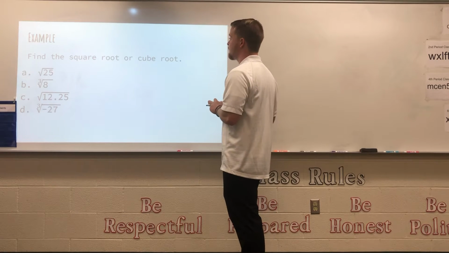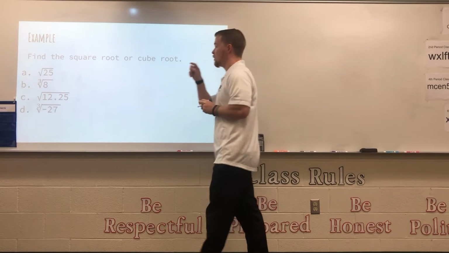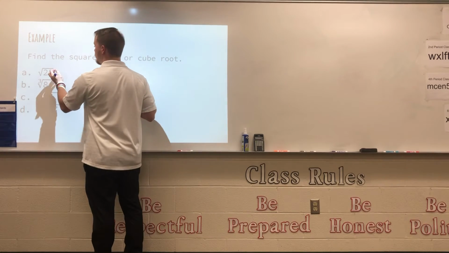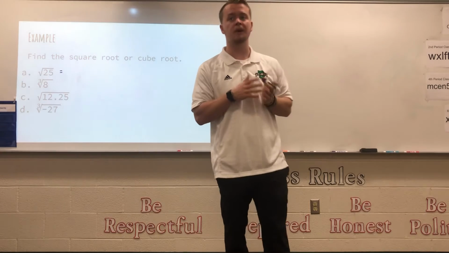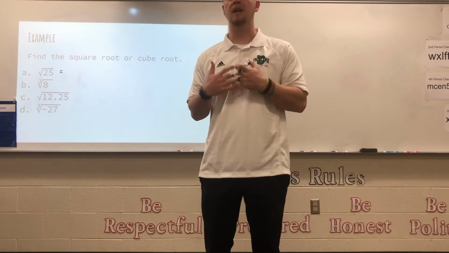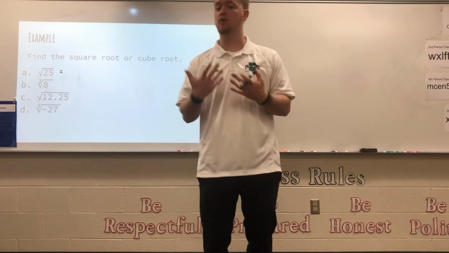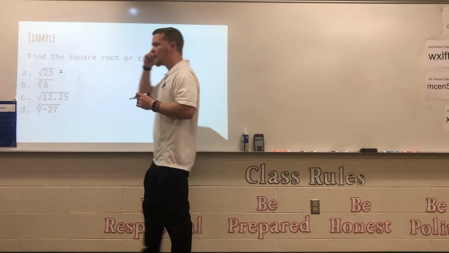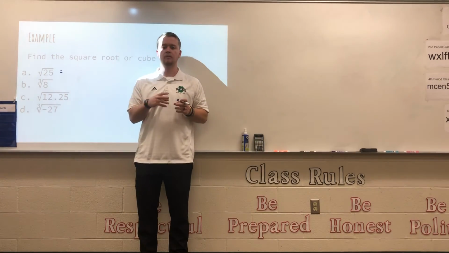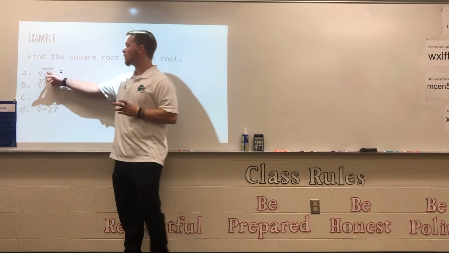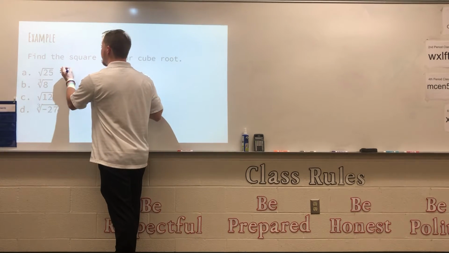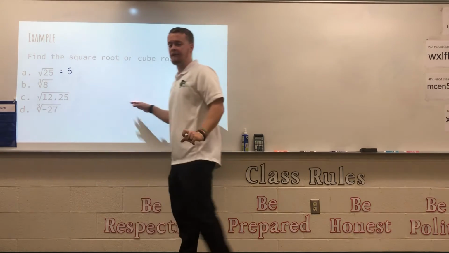But here it says find the square root or cube root. So if we're finding the square root of 25, we're basically saying what number multiplies by itself to get 25. Some of you can do that in your head. That's great. If you think, what times itself equals 25, that would be 5, because 5 times 5 equals 25. So your answer for square root of 25 would just be 5.